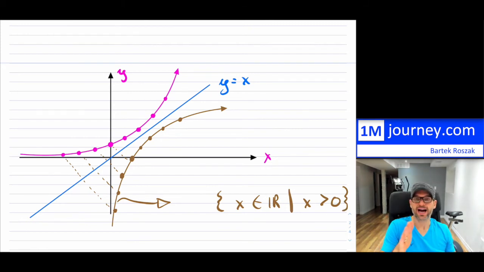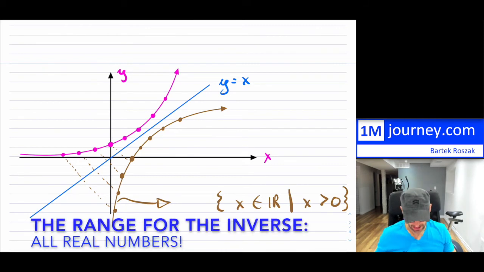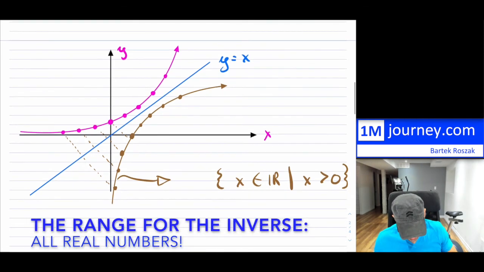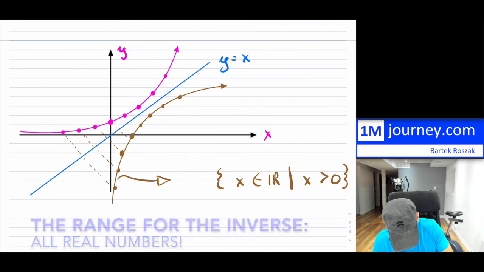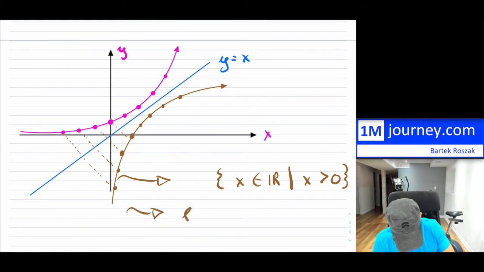So you can't have a negative number in this inverse as an input coming in. So it's going to be all positives going forward. And now, as we carry this through, this inverse that we have, we've actually dedicated it and called it a special name.